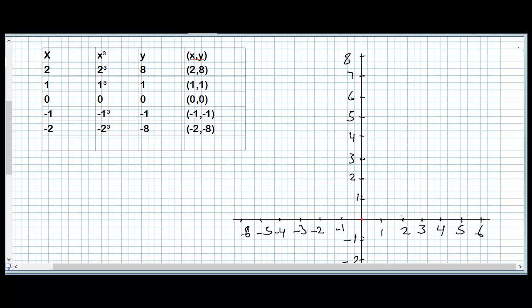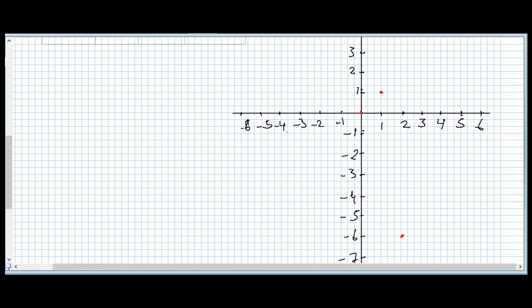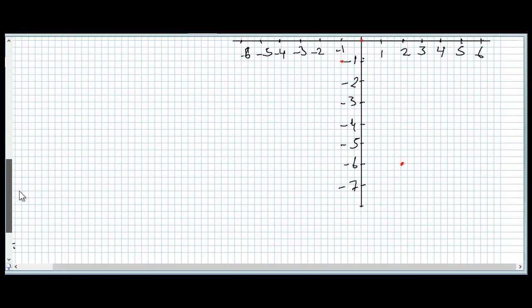Then let's draw. When we are drawing, the first one is 2 and 8, up here. Then 1 and 1, 0 and 0, -1 and -1, and -2 and -8 is the last point, which will be here.